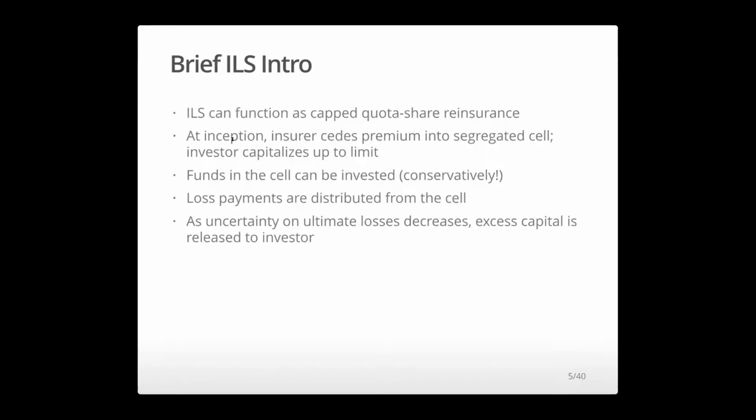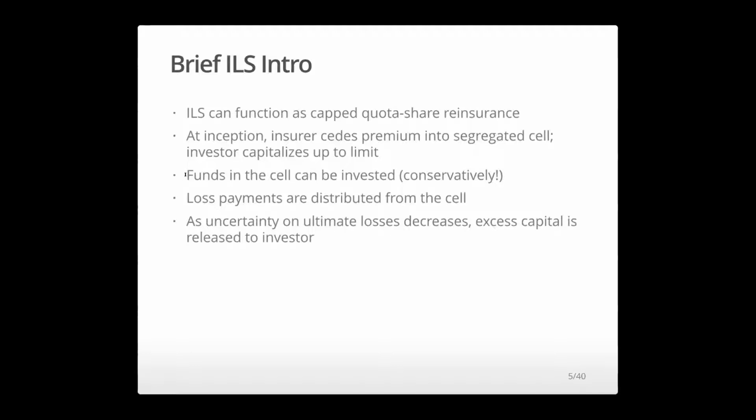The investor puts in some more capital to make sure that the cell that the funds are in is fully collateralized, because inside the ILS transaction, the claims are being supported by a segregated cell. It's not a balance sheet. They can't take more risk than they actually have money on hand. So typically, let's say $90 million in losses, the insurer might chip in 60 million in premium, and the investor would put in 30 million to get it fully capitalized.